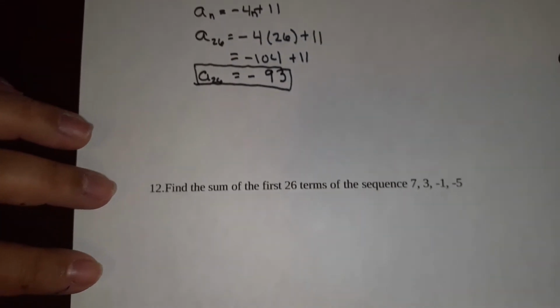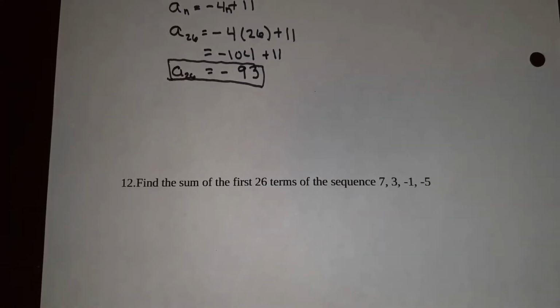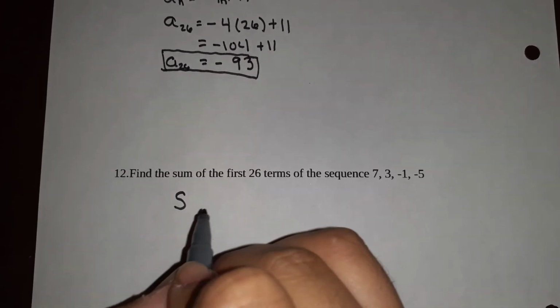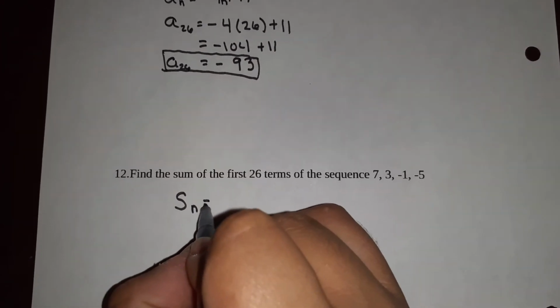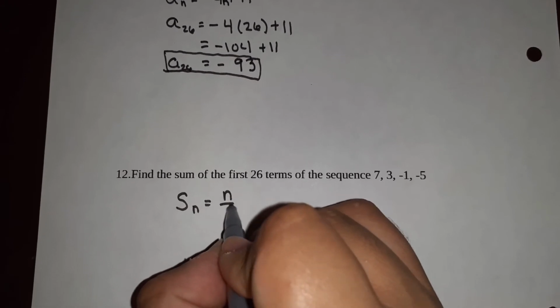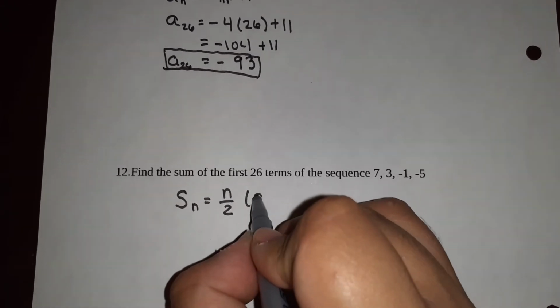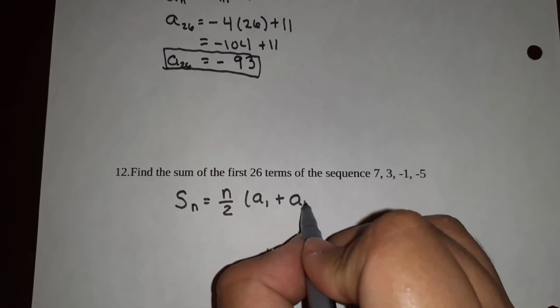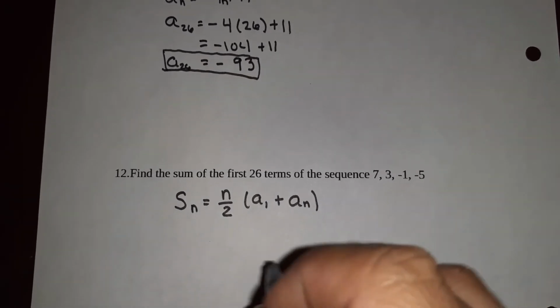Okay, so number 12, find the sum of the first 26 terms in the same sequence. So now I'm going to write down my formula. So to find the sum, I'm going to do n over 2 times my a sub 1 plus a sub n.